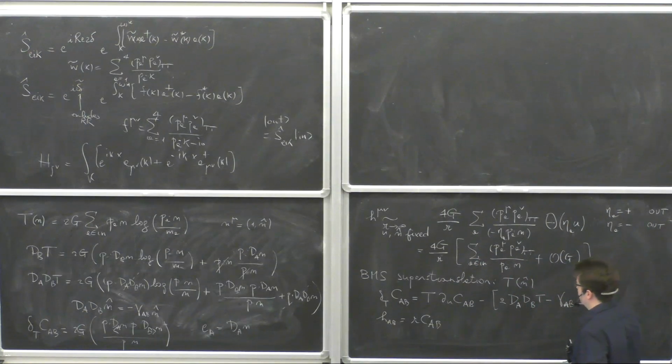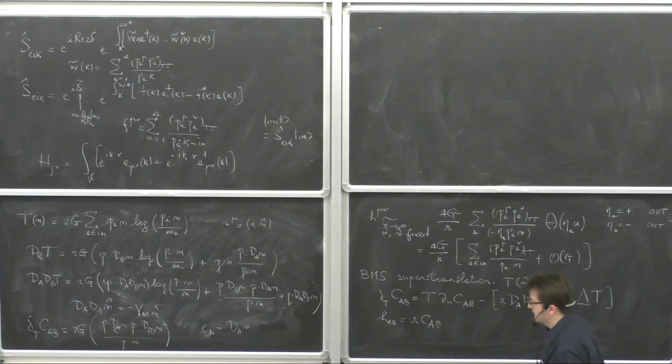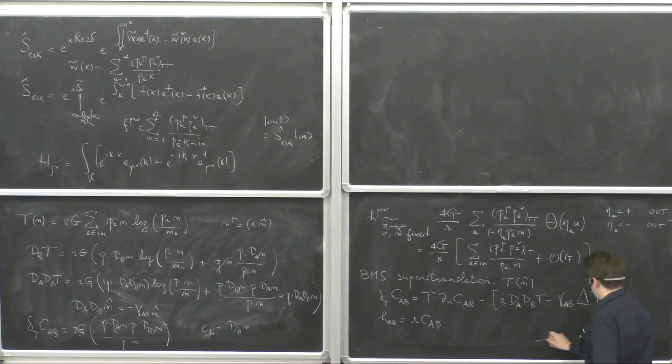And I mean, conceptually, this means that the TT part of the shear is sort of ill-defined up to this transformation, which in particular, by choosing this specific form, allows us to go from these two cuts or reference frames, depending on your taste.